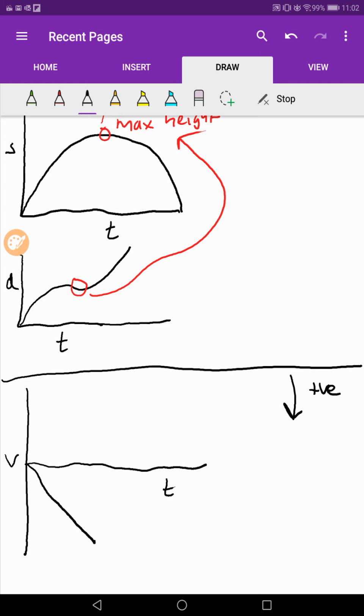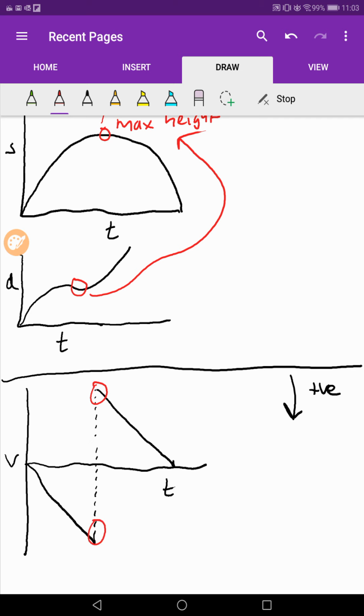But then immediately, when it hits the ground, it's going to bounce and start going upwards, right? So immediately, it's going to have some kind of velocity in the other direction, so it's going to bounce off the floor here.